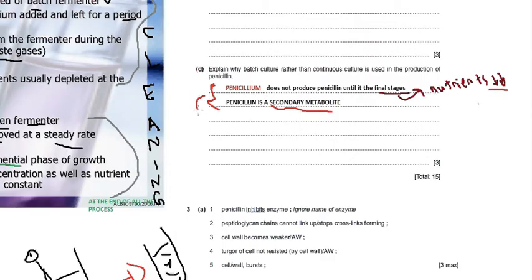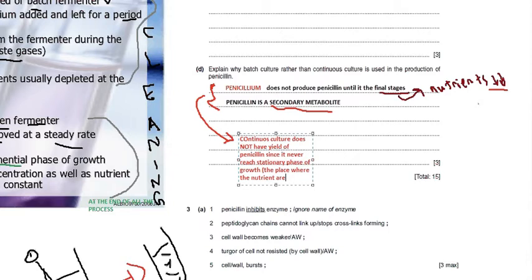Therefore, because of this reason, we see that continuous culture does not have a yield of penicillin, since it never reaches the stationary phase of growth, the place where the nutrients are limiting, very low, almost zero.